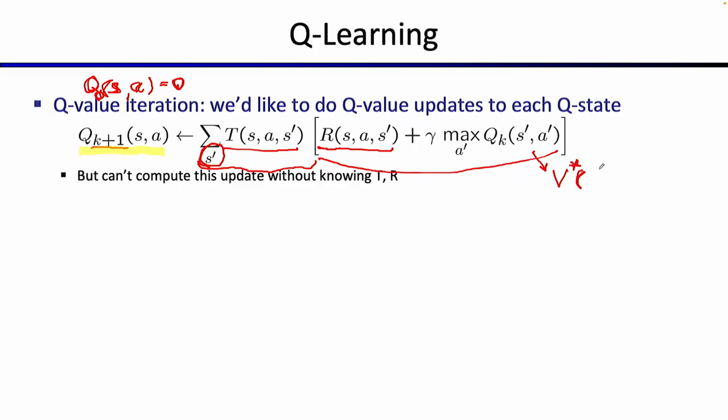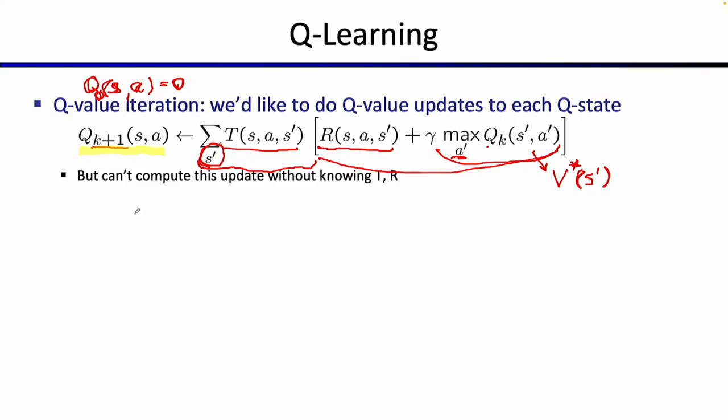Ideally, what we would say here would be an optimal value for state S prime. But we didn't have this function, but we knew that we could use the highest value in this function Q_k among all of the actions A prime. So this is what gave us this update.